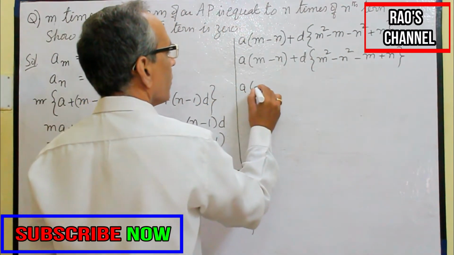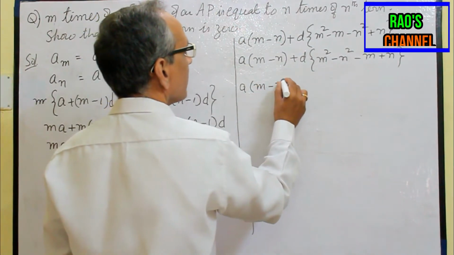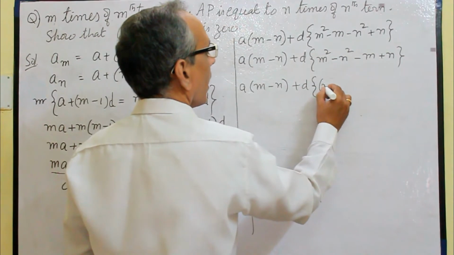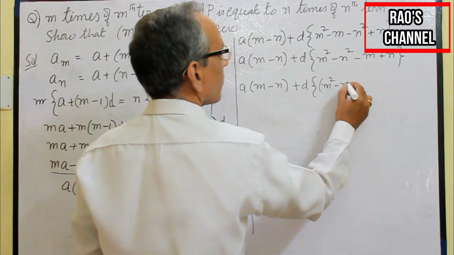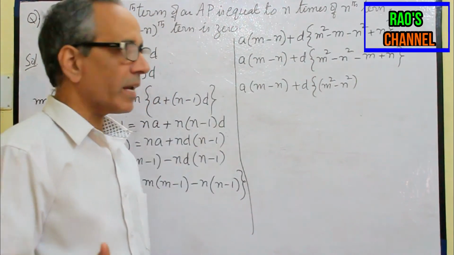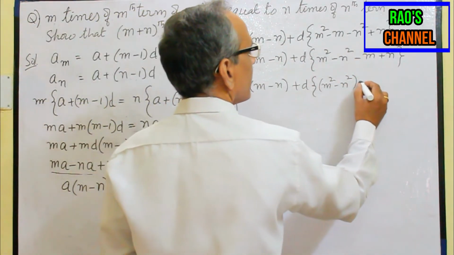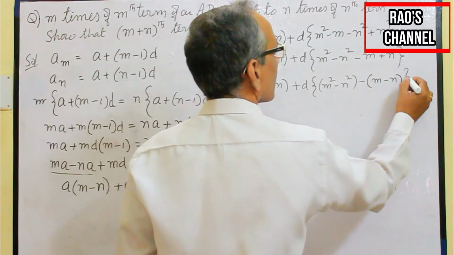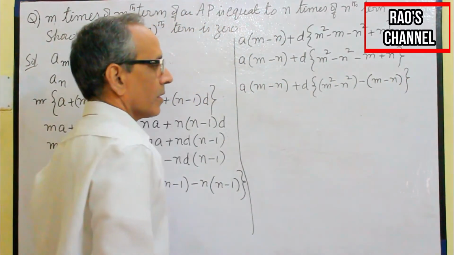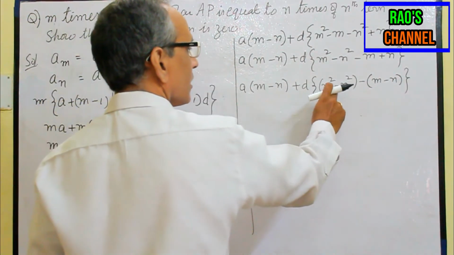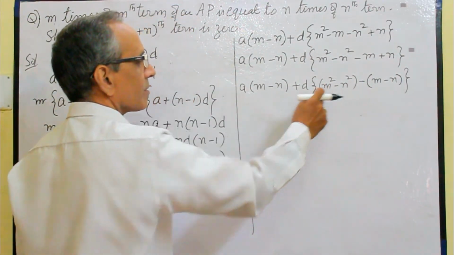A(m minus n) plus d times (m square minus n square) minus (m minus n). I can split m square minus n square further into the factors (m plus n)(m minus n).